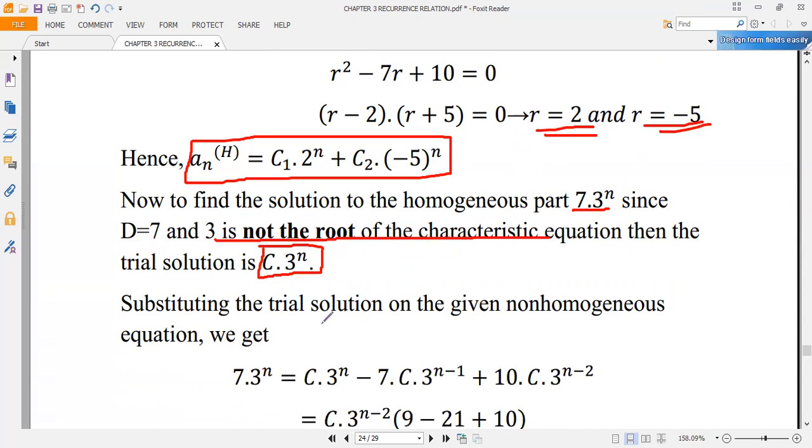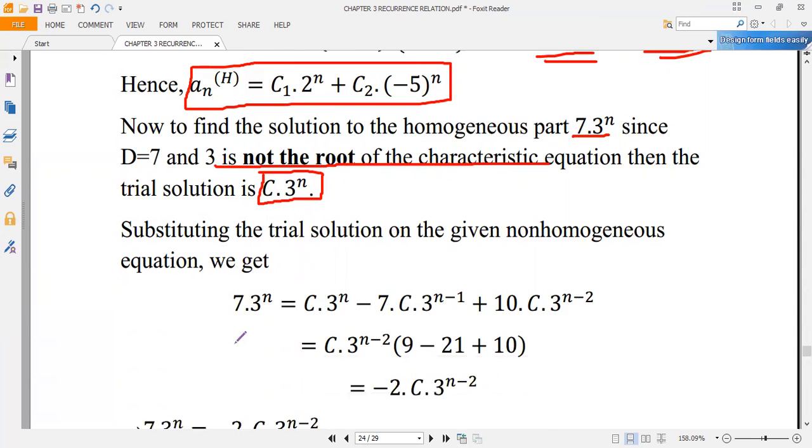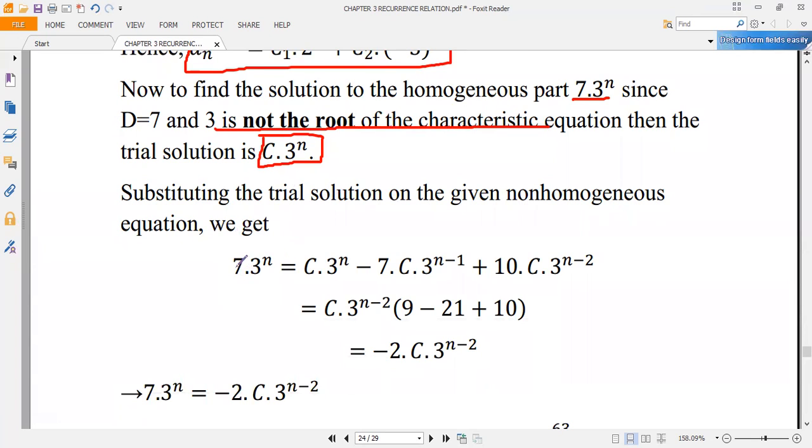Now substituting this trial solution into the given non-homogeneous recurrence relation, we have the following: 7 times 3 to the power of n equals c times 3 to the power of n minus 7 times c times 3 to the power of n minus 1 plus 10 times c times 3 to the power of n minus 2.